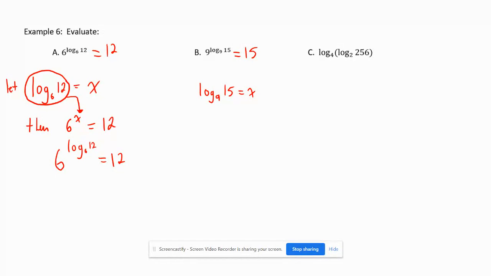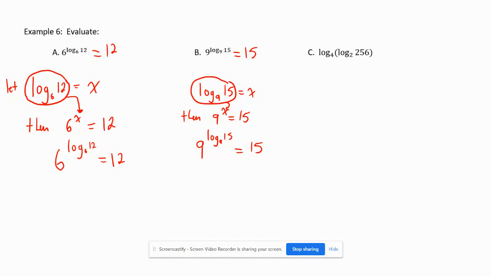So we do this, and then make this substitution in here, and we get the answer of 15. Guys, we don't need to show this all the time, but these questions do pop up on exams, so you need to be aware of how this rule works.